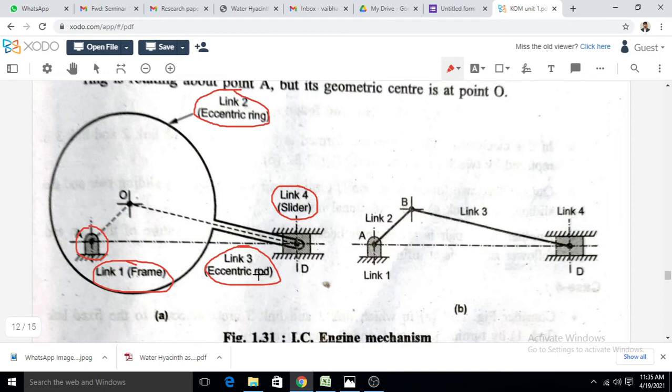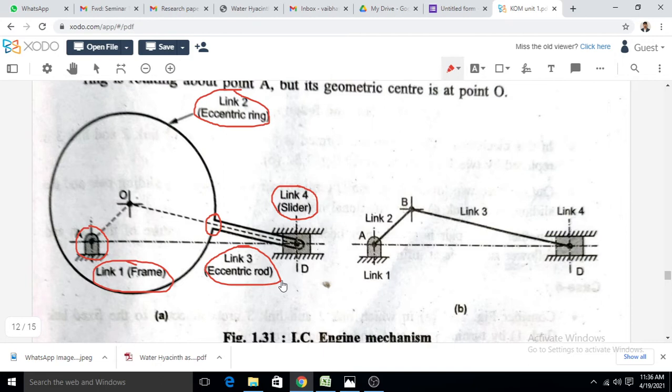We call the eccentric rod link number 3. So one end of the eccentric rod is integral with the eccentric ring. If we consider this is the one end of the eccentric rod, then this eccentric rod's one end is connected to this eccentric ring.